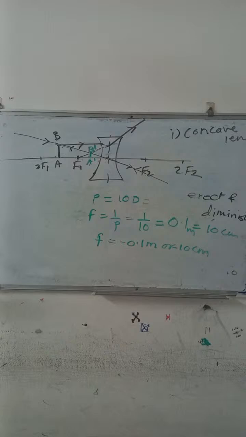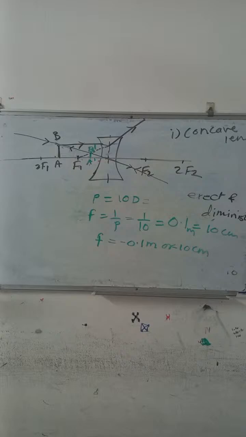The object height is given, that is HO is plus 5 centimeter, because it is placed perpendicular to the principal axis, so that is above the principal axis. The focal length is given as 10. Just now we saw the focal length of the concave lens is negative, so we can write it as minus 10.